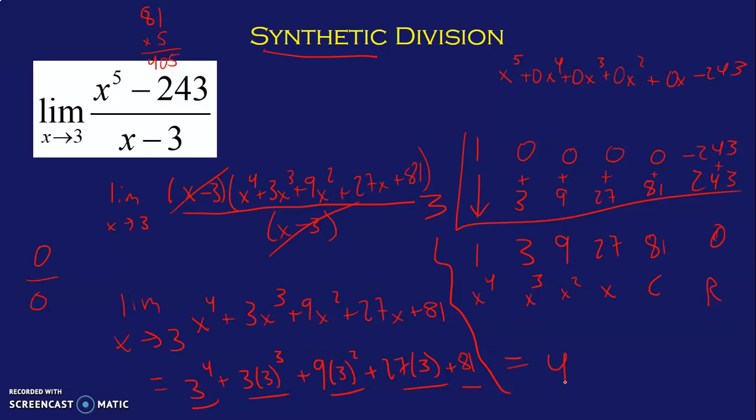So this limit is 405. That's the y value that this function would approach if I graphed it as x approaches 3. Now keep in mind that since it was in indeterminate form, I would have a hole at the point 3, 405. There would be a hole, which is a removable discontinuity in that graph.